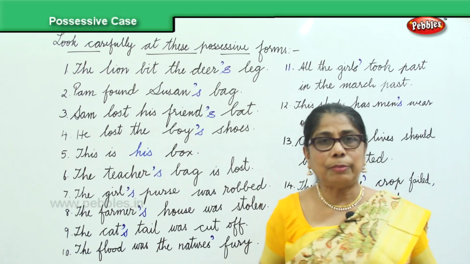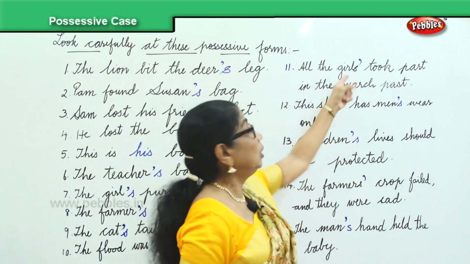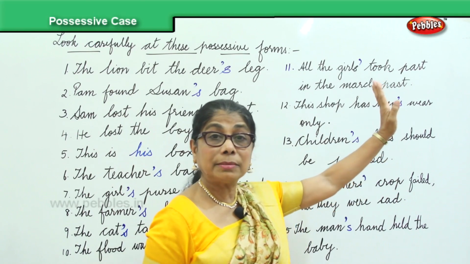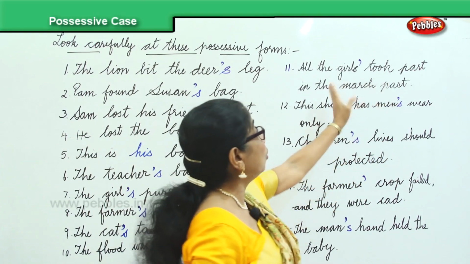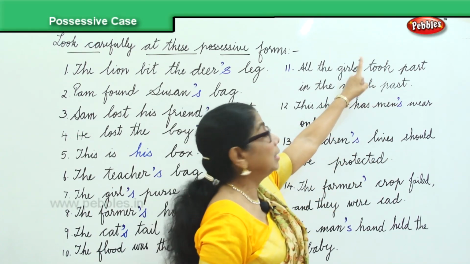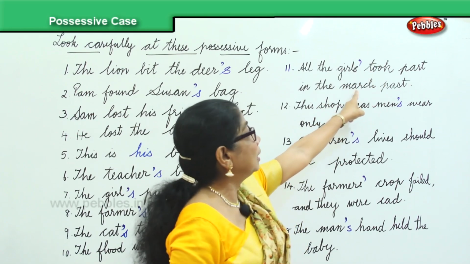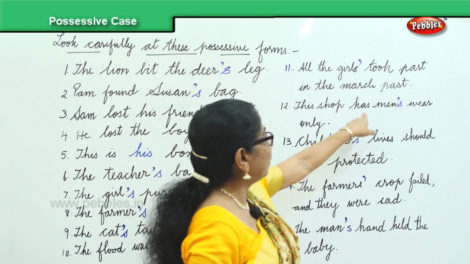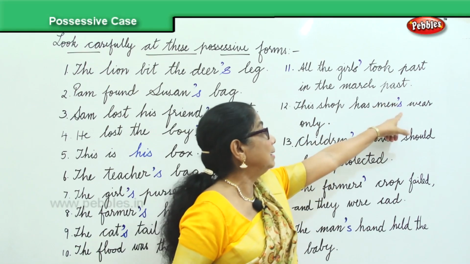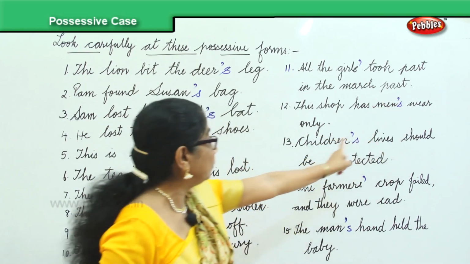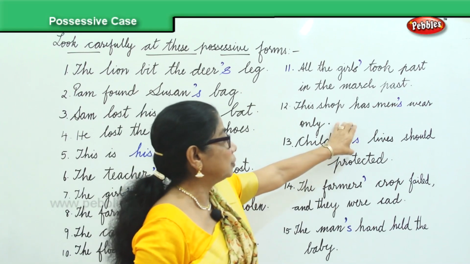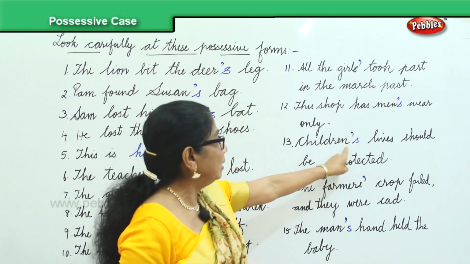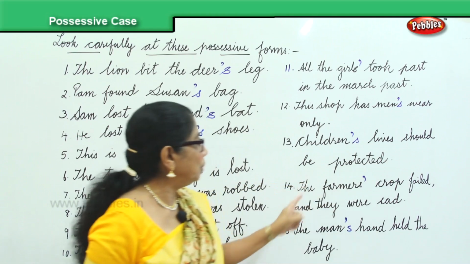And then we have some more sentences here. All the girls, we're talking about all the girls in the school or in the class, so after the girls you have the apostrophe, took part in the march past. Then this shop has men's wear only. The children's lives, all the children's lives should be protected.